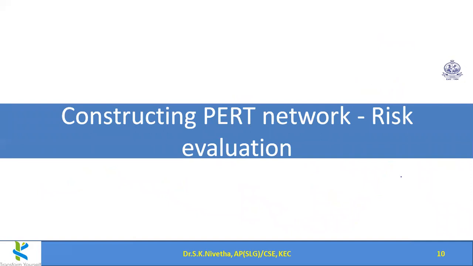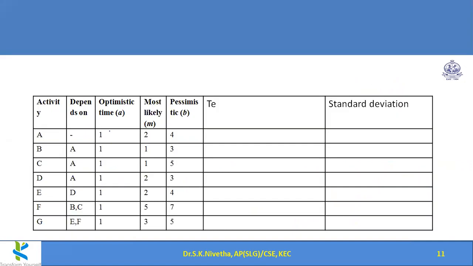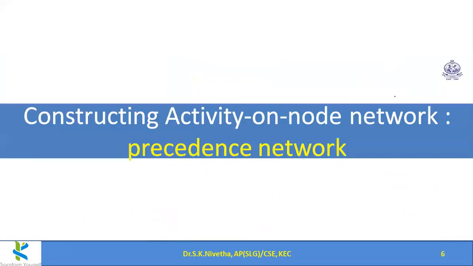Now to extend this with PERT, we can add optimistic time and pessimistic time based on this most likely time. The given duration I have taken as most likely, and some lesser value as optimistic time, and some greater value as pessimistic time. Today you can take this as a screenshot, and complete the expected duration and standard deviation, and proceed with drawing the PERT diagram as we have seen at the start of the session.